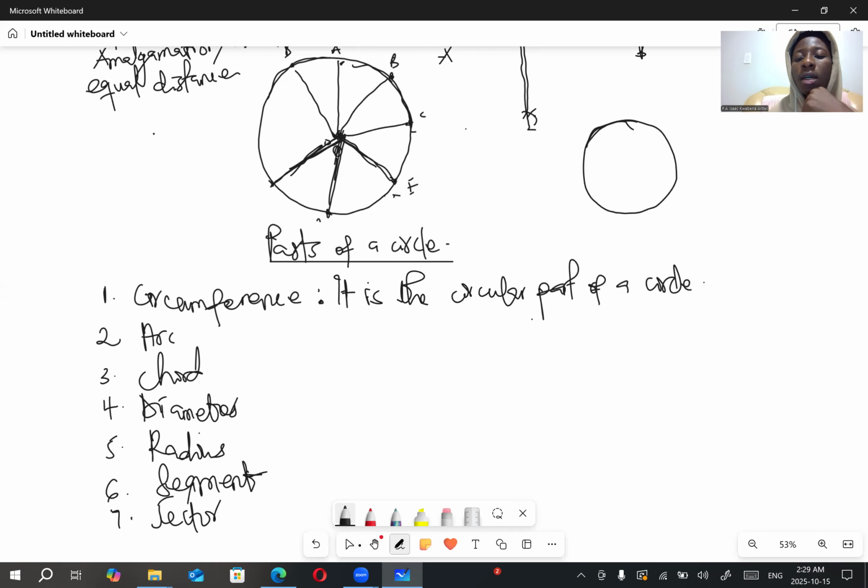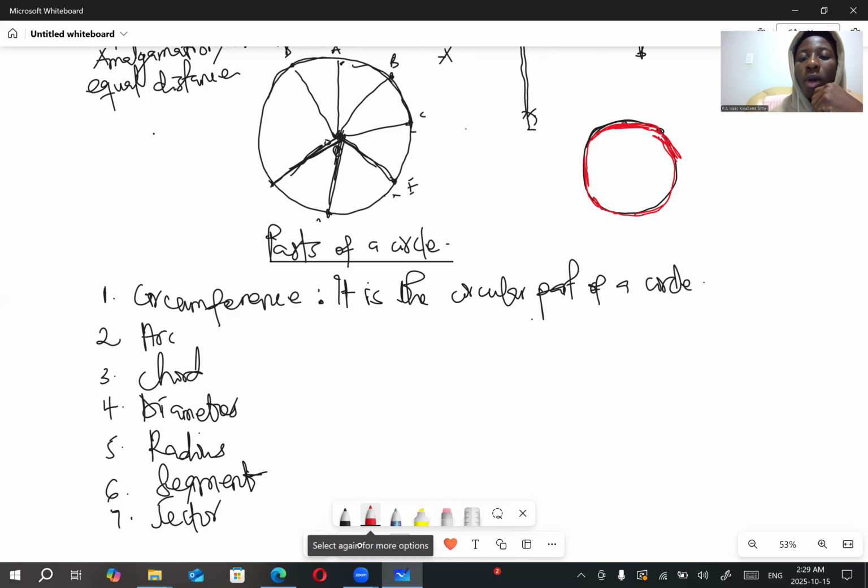So let's take the circle. To understand what the circumference is, let's note a point on the circle. So I will note it here. Now, if we talk about circumference, it's from that point I noted on the shell, going all the way around and back to the point again.